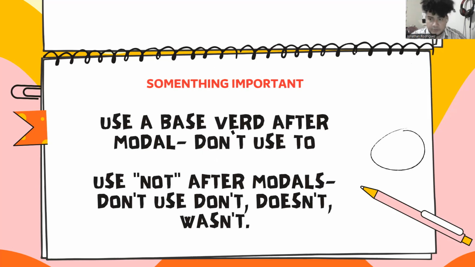So we're going to move on. Something important that I would like to mention is that, as you can see in the presentation, we use a base verb after a modal. Don't use to. For example, I'm going to write an example here.